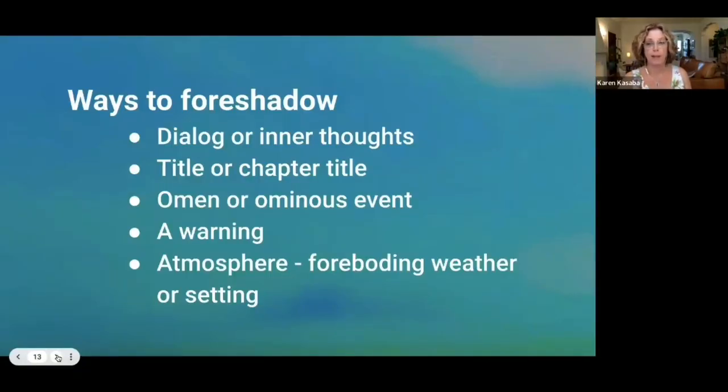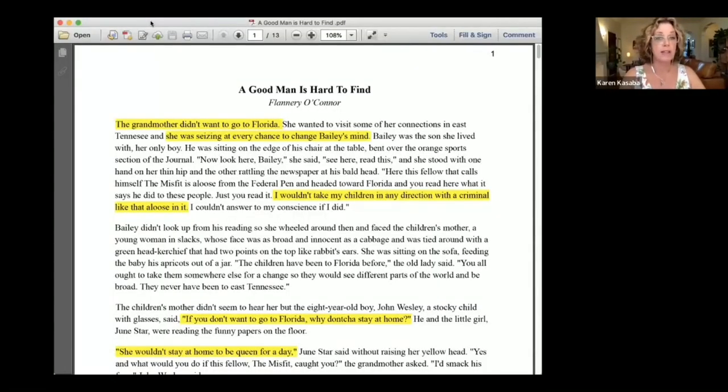What's going to happen? And so I'm going to share an example with you of just the first page of this story, which is A Good Man is Hard to Find by Flannery O'Connor. Here are some of the ways that Flannery O'Connor is using foreshadowing. Right at the top, the grandmother didn't want to go to Florida.